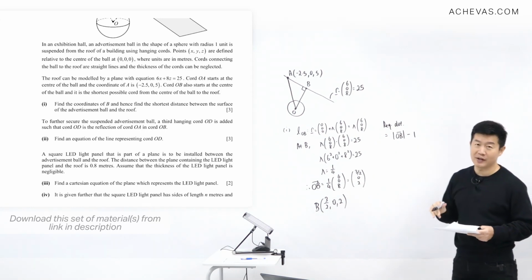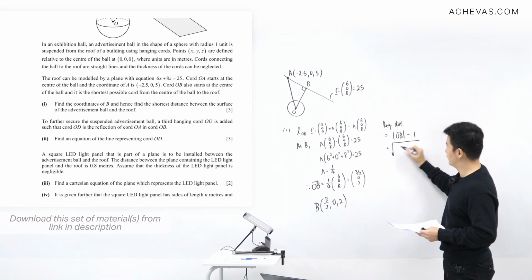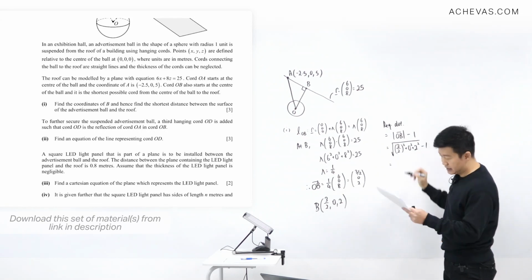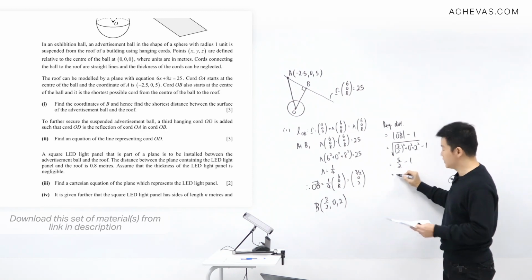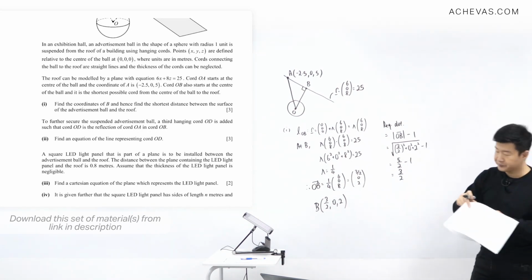Okay, minus away the radius of the ball. So OB is going to be square root of (3 over 2) squared plus 0 squared plus 2 squared, minus 1. If you press this into your calculator, this is 5 over 2 minus 1. We have our answer here as 3 over 2.